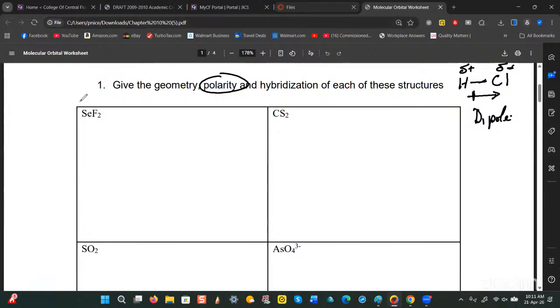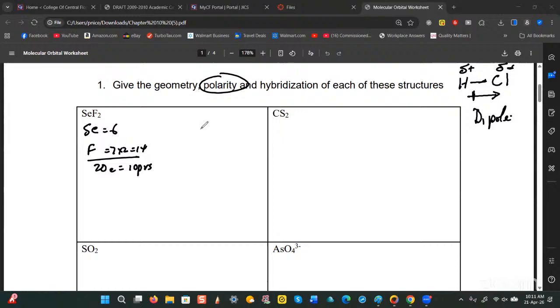So in the case of SeF2, you have to go through the same steps as we did before for getting the Lewis structure, right? You go to the periodic table, look up the group number for selenium, and you see that is 6. You look up the group number of fluorine, and you see that is 7, but you have to multiply that by 2, which gives you a total of 14 for the fluorine, which gives a grand total of 20 electrons, which would equal 10 pairs, right?